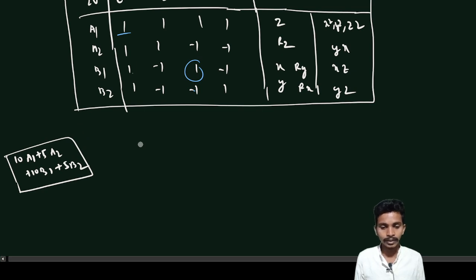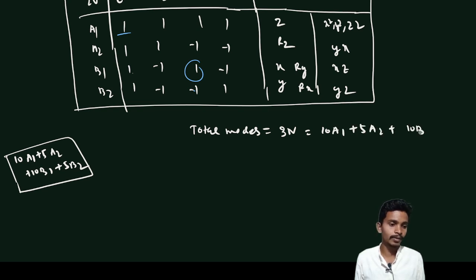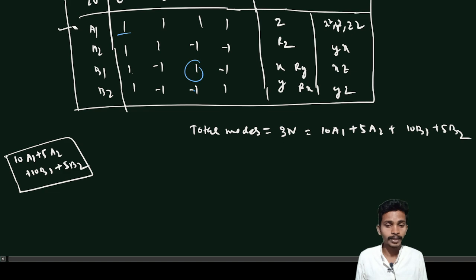Now you see that total modes equal to 3n, we are saying, and 3n here is equal to 10A1 plus 5A2 plus 10B1 plus 5B2. Okay, these are the total modes. So for these total modes, we are calculating the translational, rotational and vibrational. For the point group, we use the character tables to see how many translational and vibrational there are.